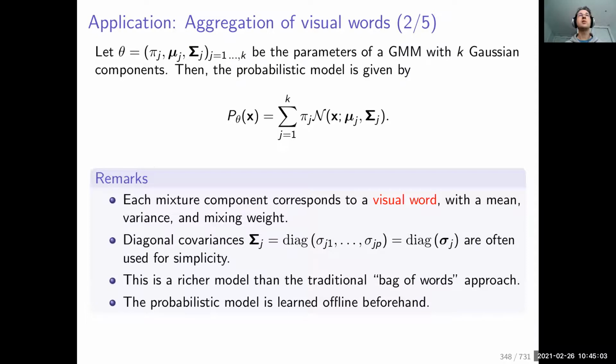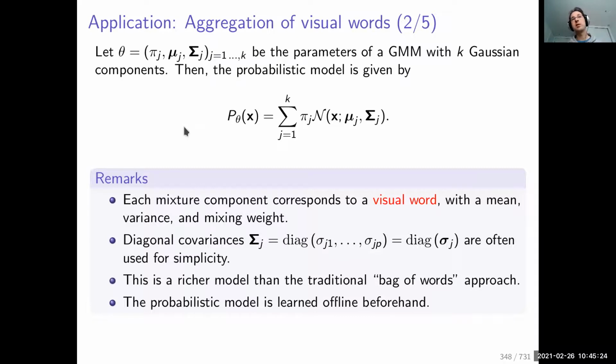Okay, so let us be a bit more serious. Let us leave the world of a single Gaussian in 1D. Let us consider a GMM, a Gaussian mixture model with k Gaussian components, with parameters mu j, pi j. Pi j is simply the weight of every component in your probabilistic model. And you have sigma j, which is a covariance matrix.